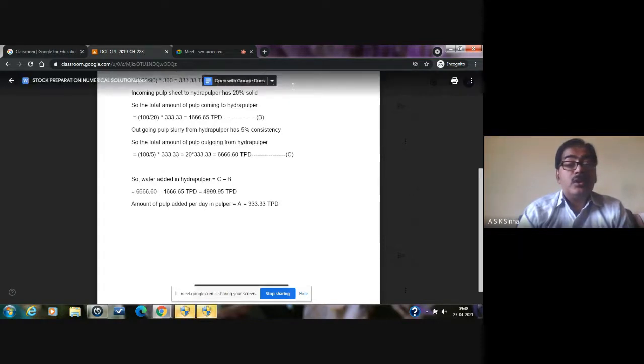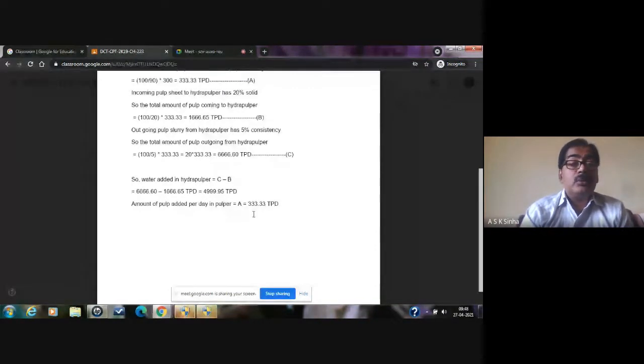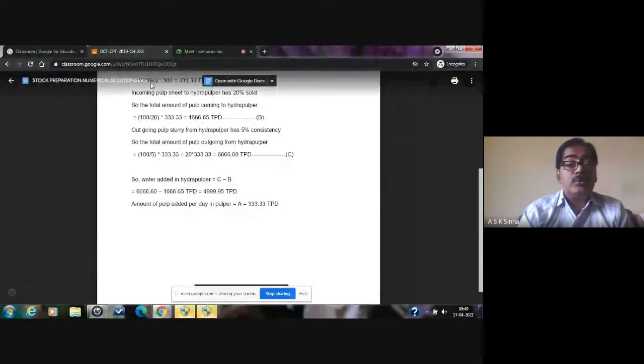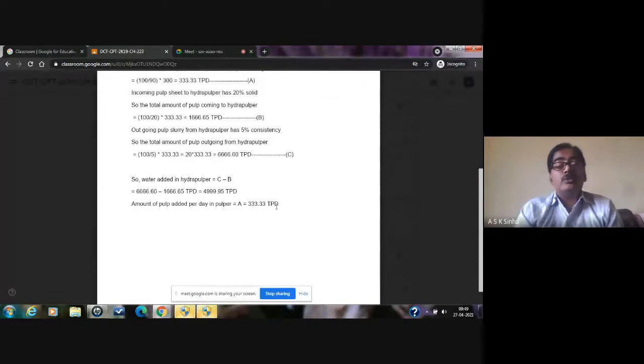It will come to 4,999.95 tons per day. That means nearly 5,000 cubic meters of water will be required. 5,000 cubic meters of water will be required for dilution in the Hydra pulper.